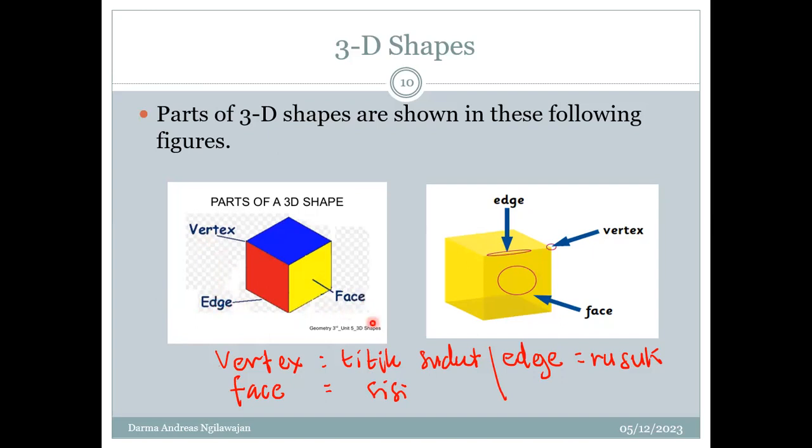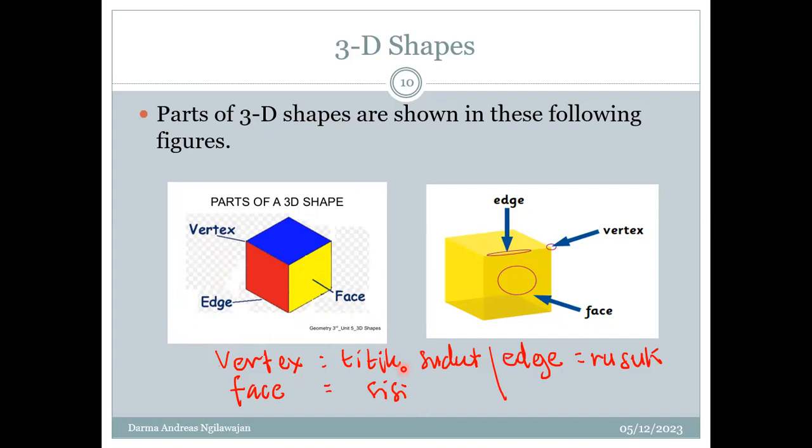Okay, you can see the difference in the following slides. So please memorize these terms. Vertex, titik sudut. Edge, rusuk. Face, sisi. Okay.